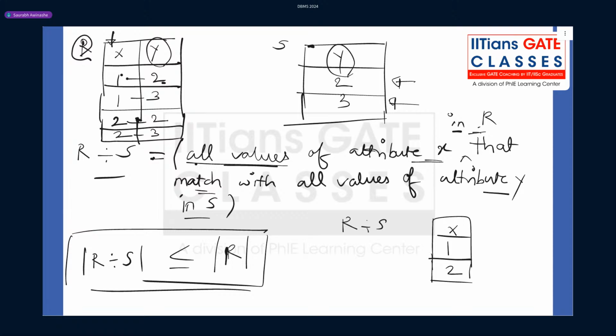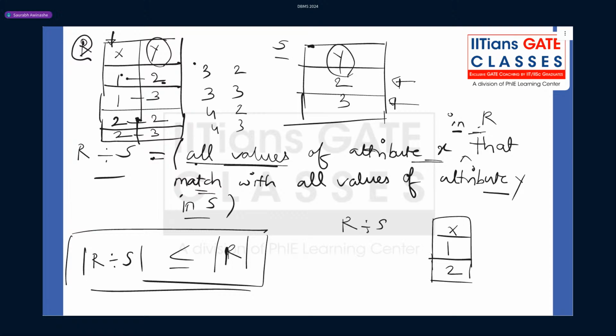So now in this example, the cardinality of R divide S is less than or equal to the cardinality of S. But what if we had more tuples here? What if we had 3, 2 and 3, 3? What if we had 4, 2 and 4, 3? Right?